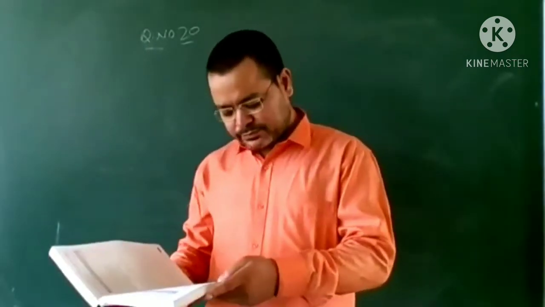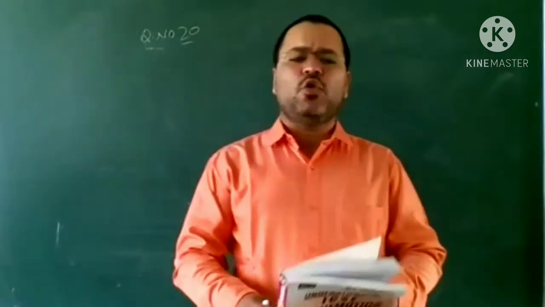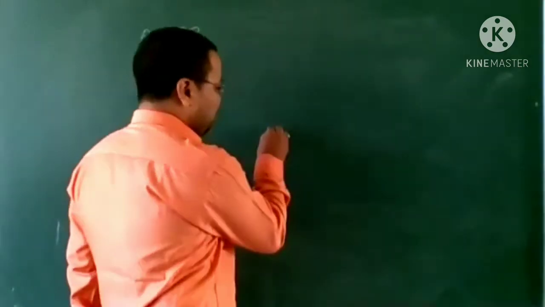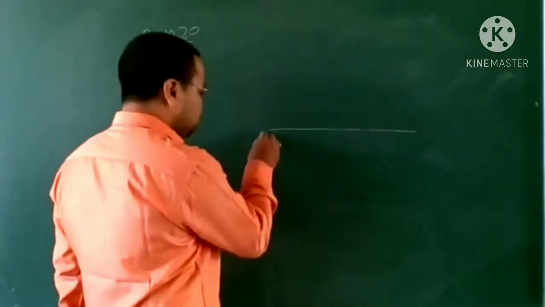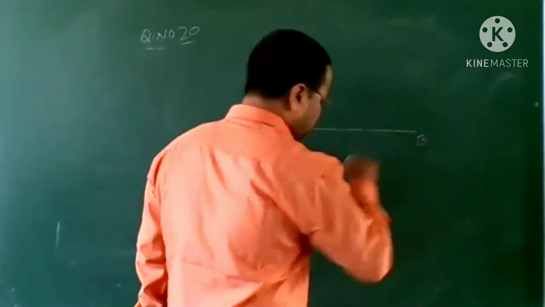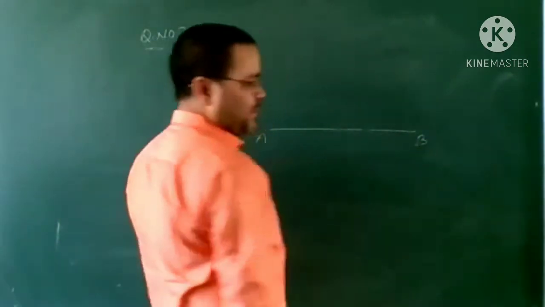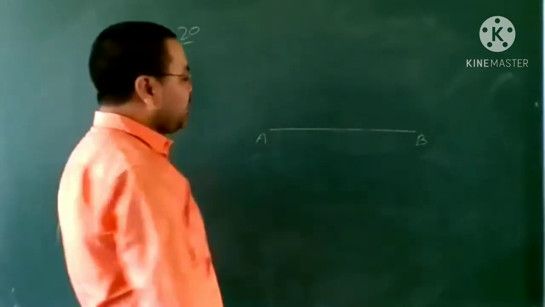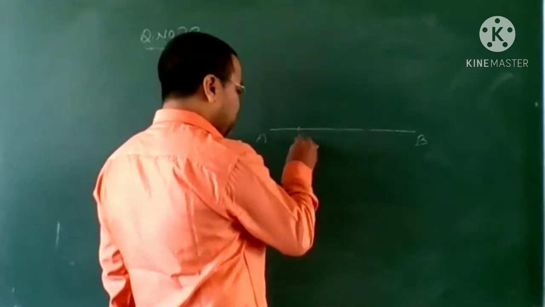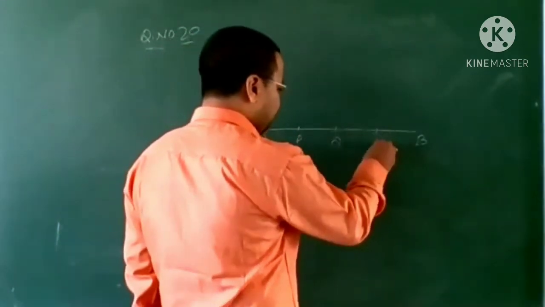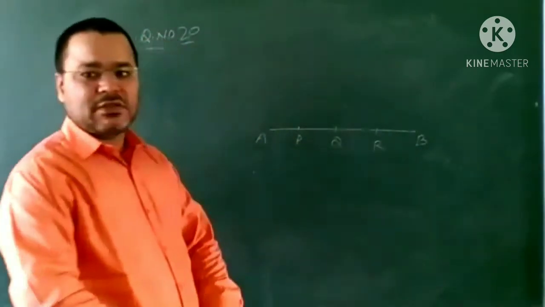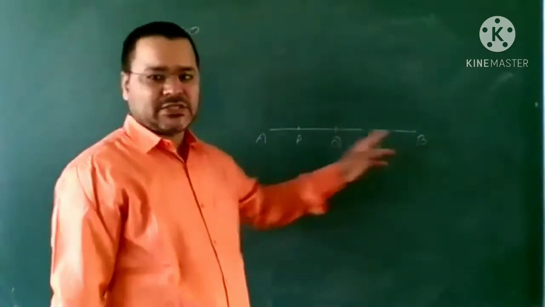Now let us see the meaning of collinear. If we make a line here, let this be point A and this be point B, and we have points P, Q, R here through which one line can pass.